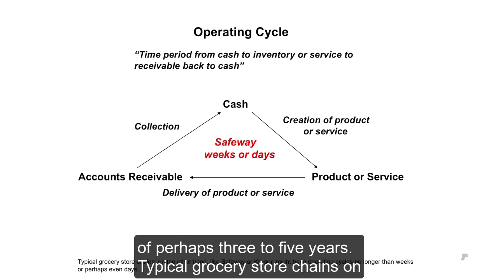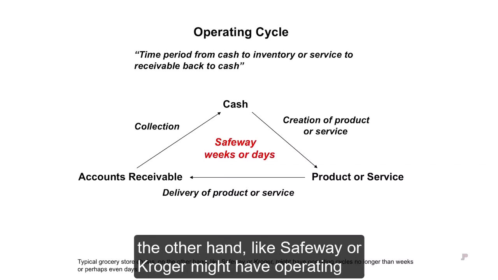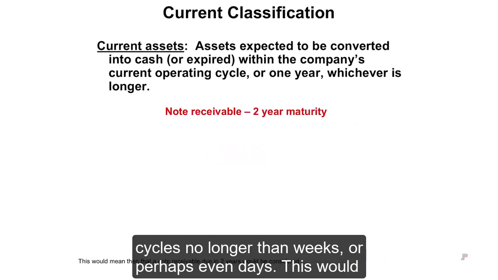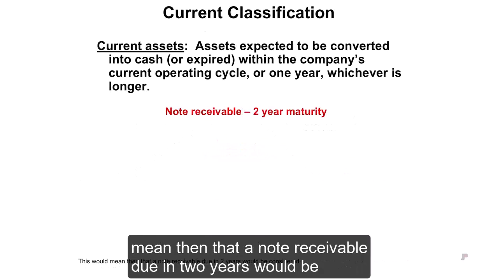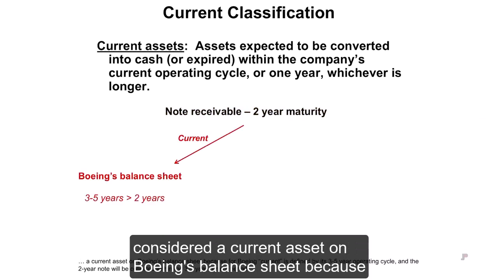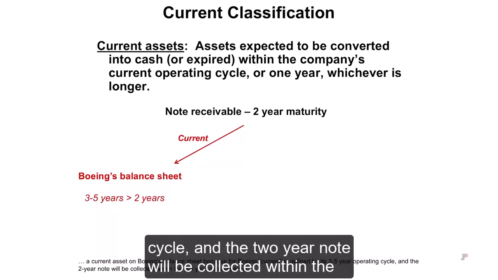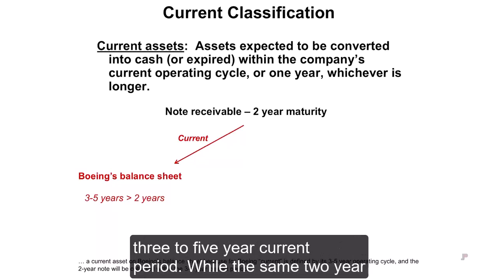Typical grocery store chains, on the other hand, like Safeway or Kroger, might have operating cycles no longer than weeks or perhaps even days. This would mean then that a note receivable due in 2 years would be considered a current asset on Boeing's balance sheet, because for Boeing, current is defined by its 3 to 5 year operating cycle, and the 2-year note will be collected within the 3 to 5 year current period.